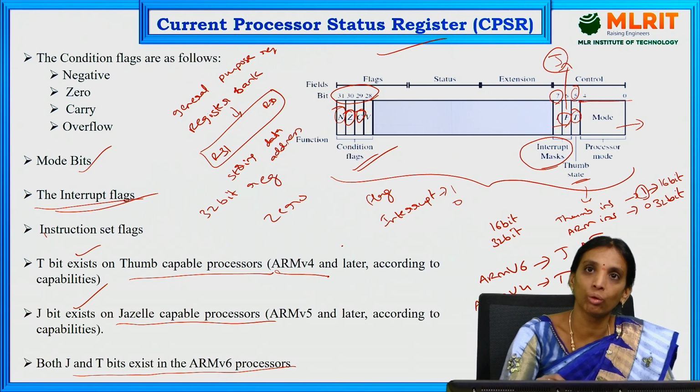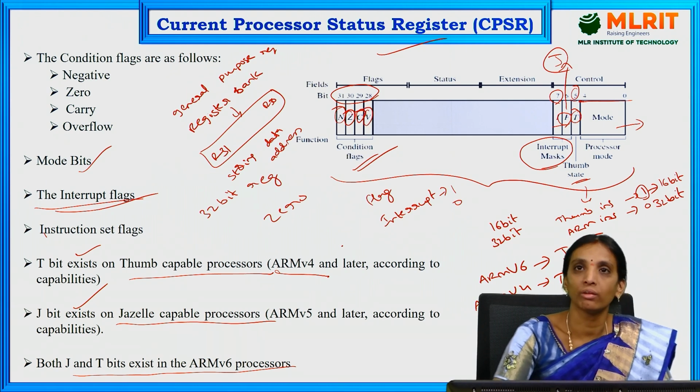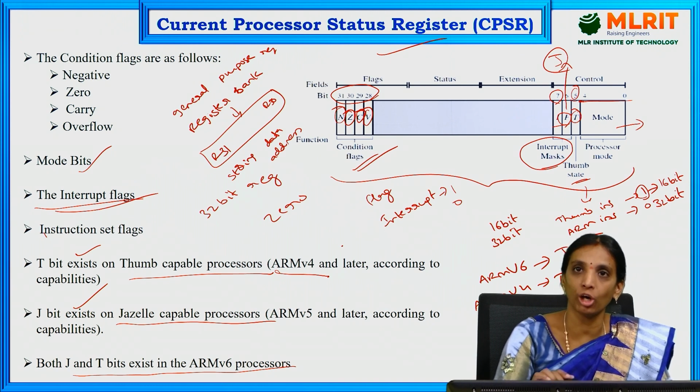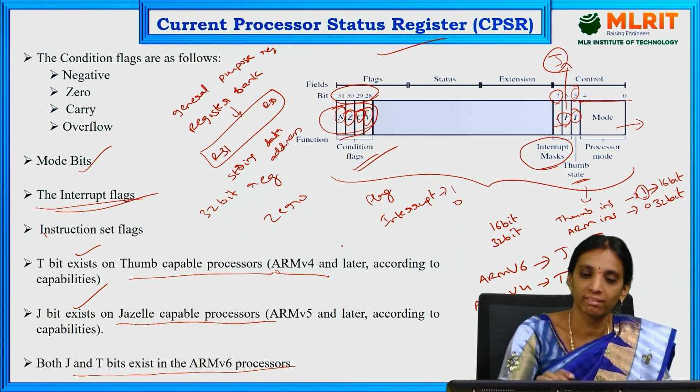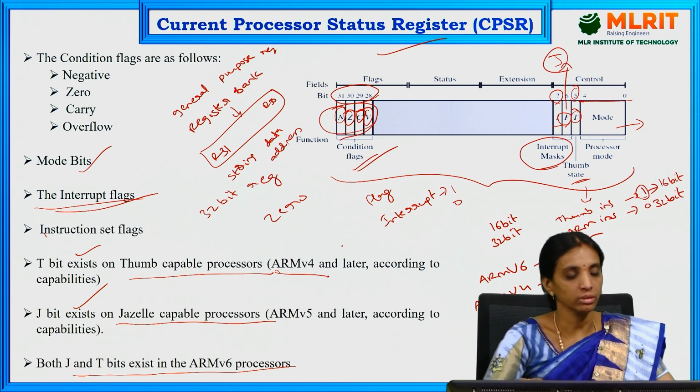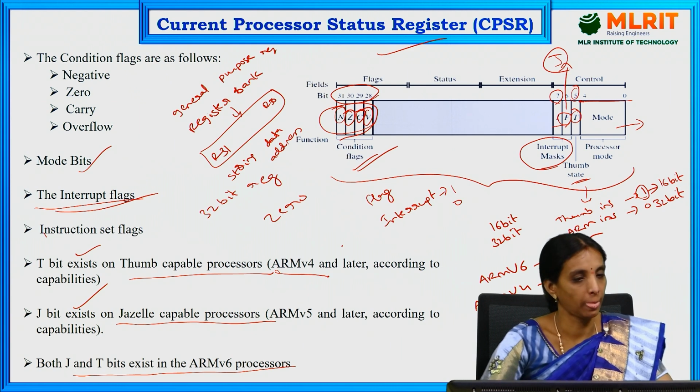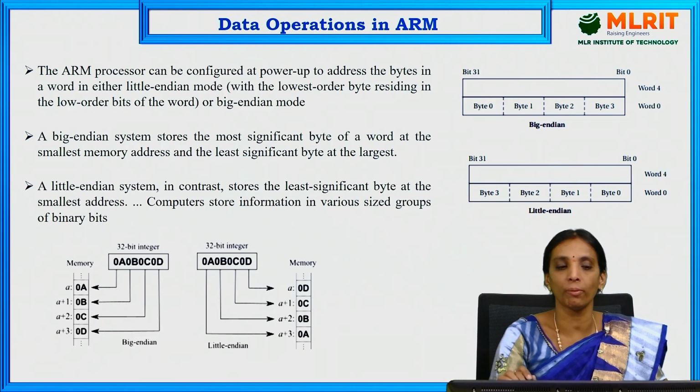If the result overflowed, the overflow flag will be set. So in arithmetic and logical operations, depending on the flags, we can get the result of the operation. Based on the result of the operation, these flags will be set in the CPSR register.